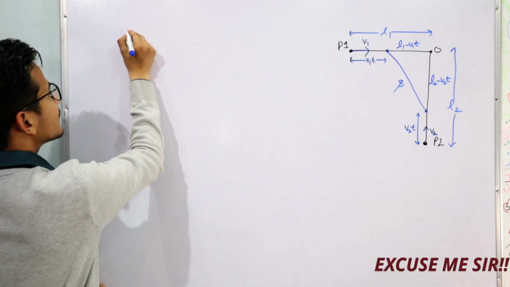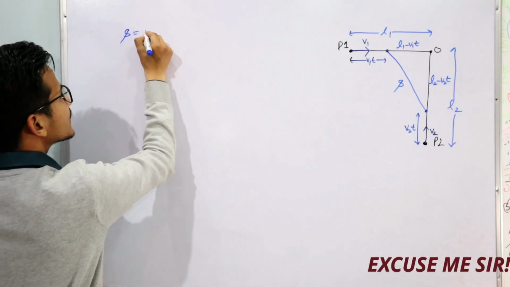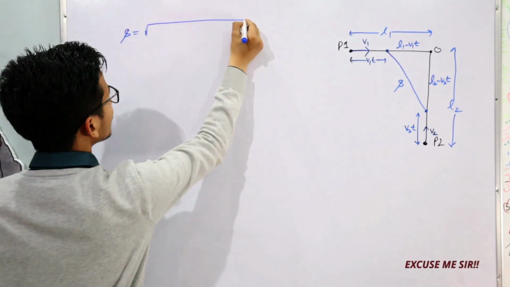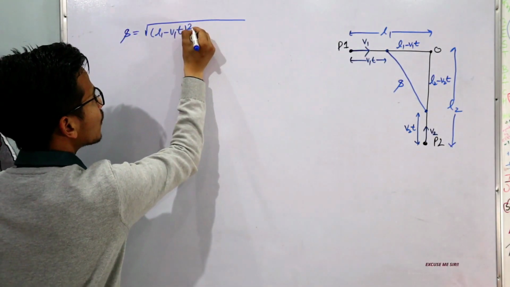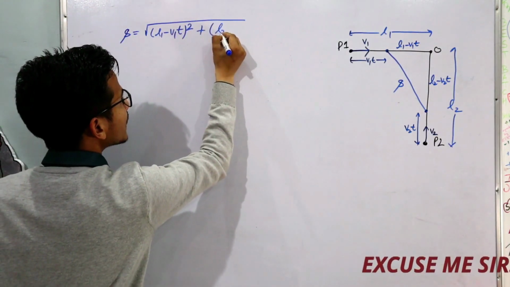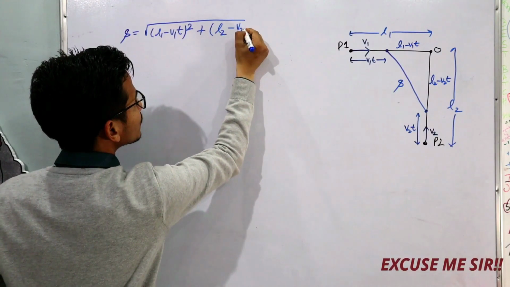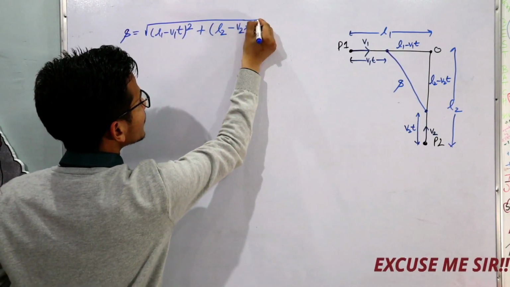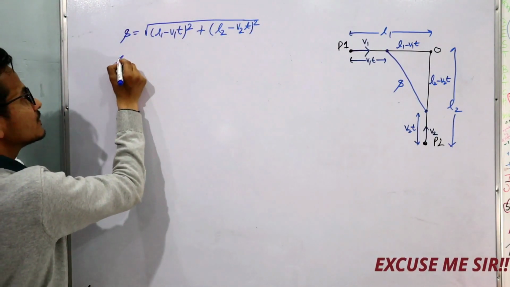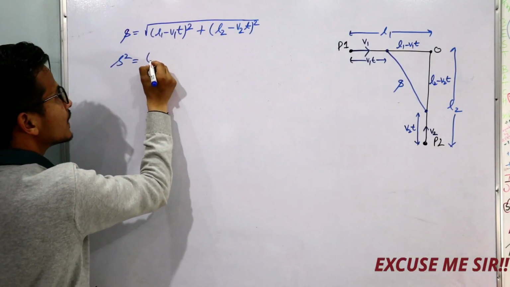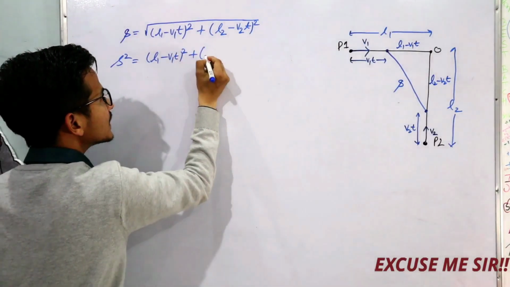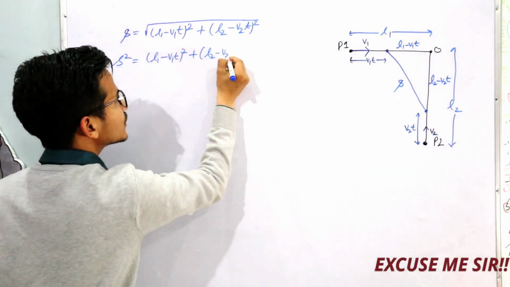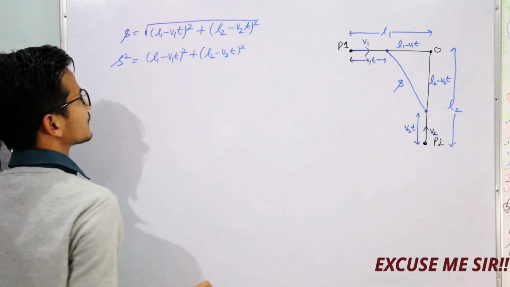So S will be under root L1 minus v1t whole square plus L2 minus v2t whole square. Squaring both sides, S squared is L1 minus v1t whole square plus L2 minus v2t whole square.